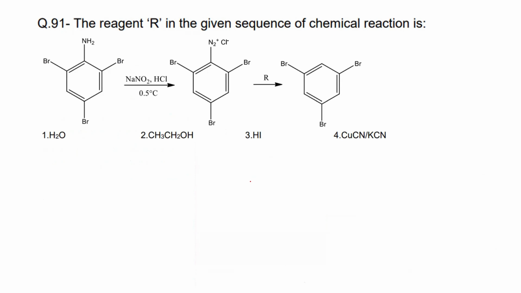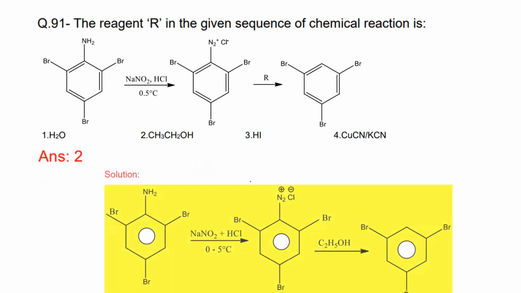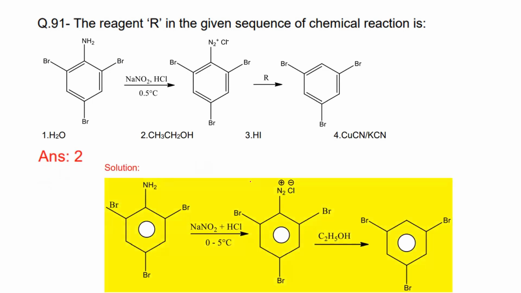So that should be done using ethyl alcohol. Okay, with ethyl alcohol we'll get that compound. So that is option 2. So the correct answer is option 2 for question number 91. And here is the solution. Right, so question number 91 is over.